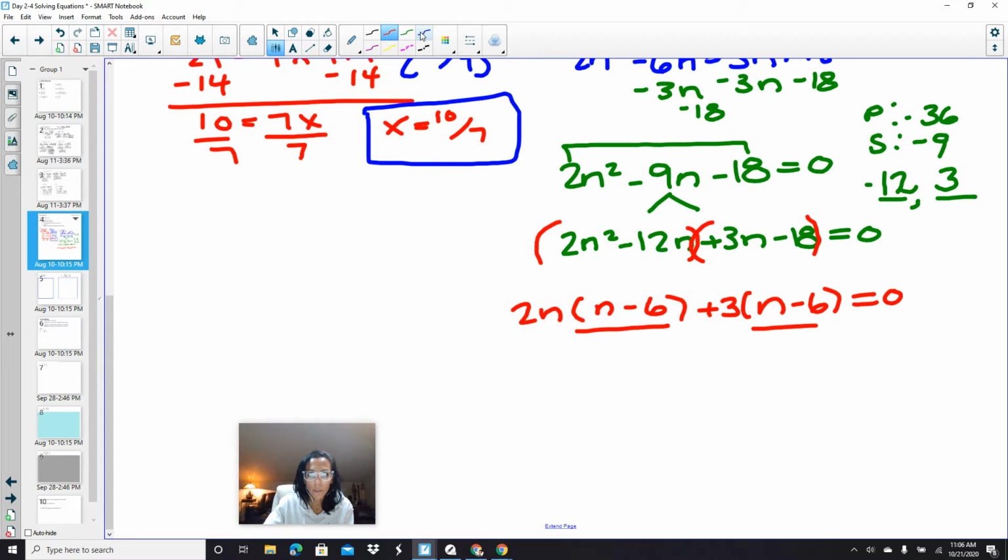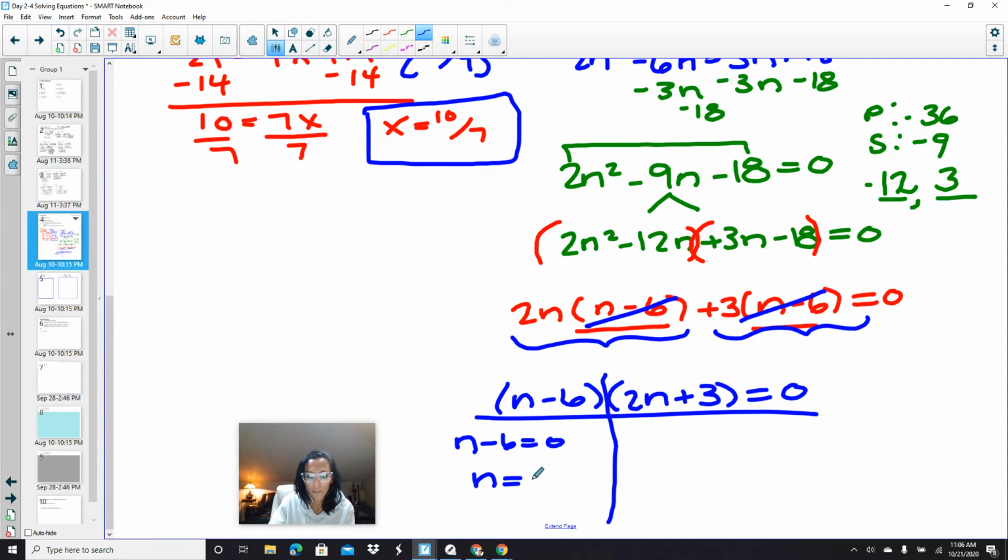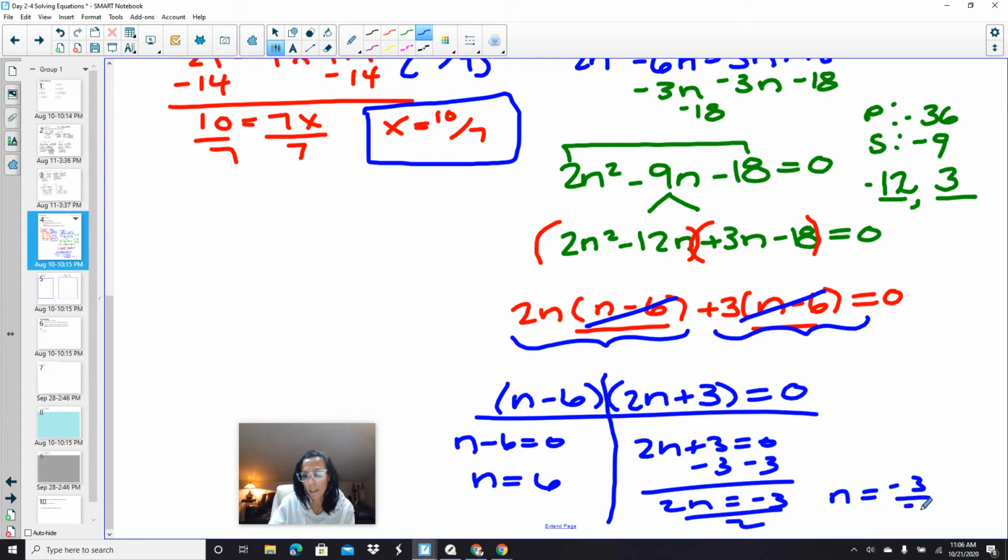So what we're going to do is, again, take out another GCF from each of these groups, and that's the n minus 6. We'll put that right here. And the remaining factor is the 2n plus 3. Now we're going to set each of these factors equal to 0. So n equals 6, and this one's a 2-step. Divide by 2, and n equals -3/2.